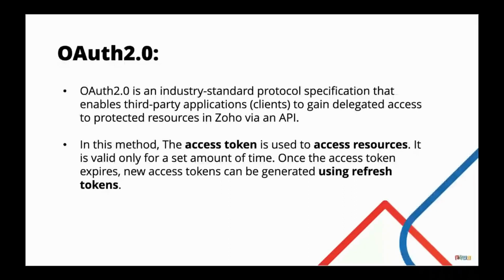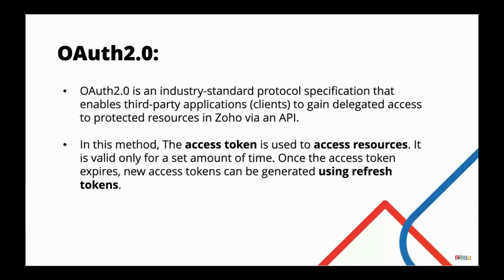So why is OAuth authentication considered secure? The first thing is you can gain limited access to a particular module within the application. Secondly, the access token that you generate is not a permanent token, because its lifetime is short. Each database has its own API documentation and access token that can be generated, and the lifetime of the access token can differ based on each server.